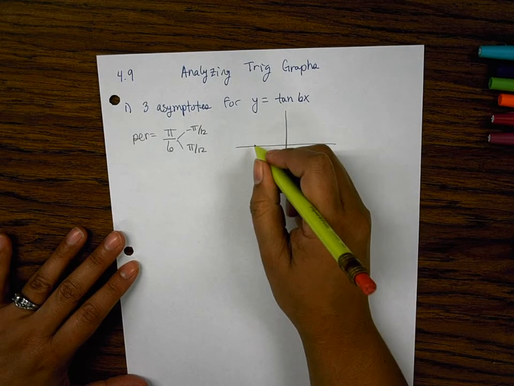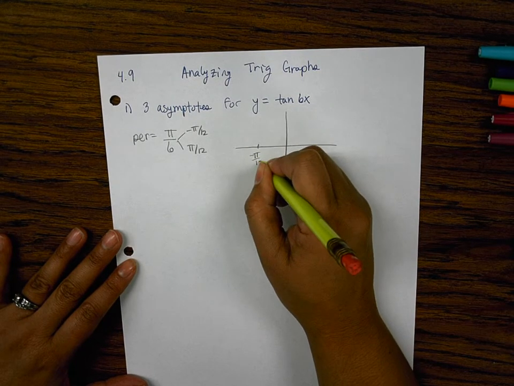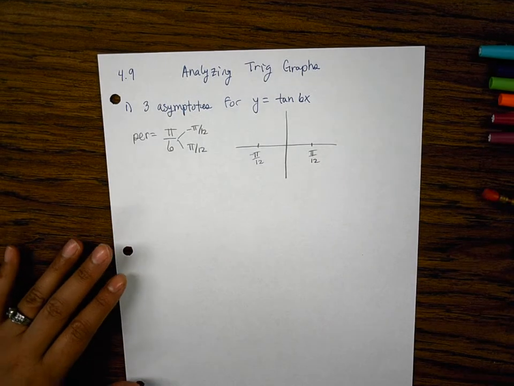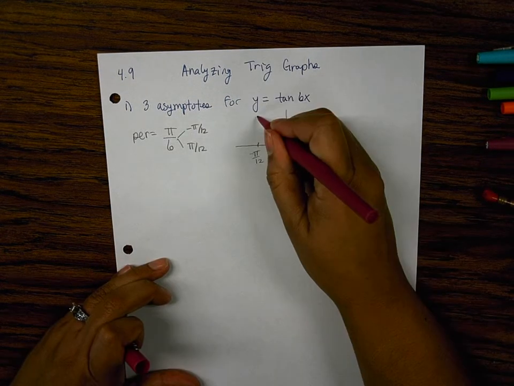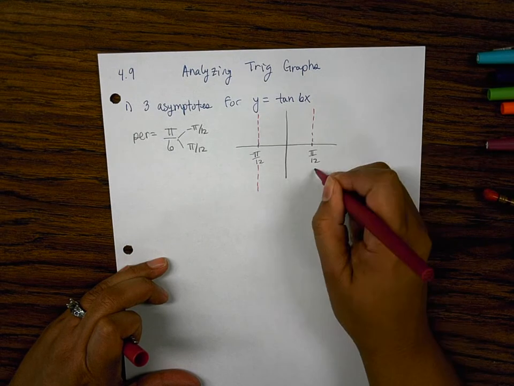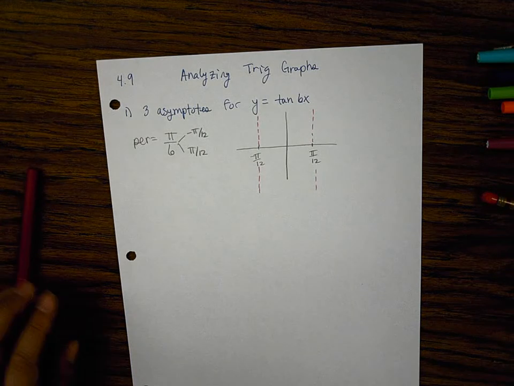So I have negative pi over 12 and positive pi over 12, and that's 2 of the asymptotes. What's the length between negative pi over 12 and pi over 12?